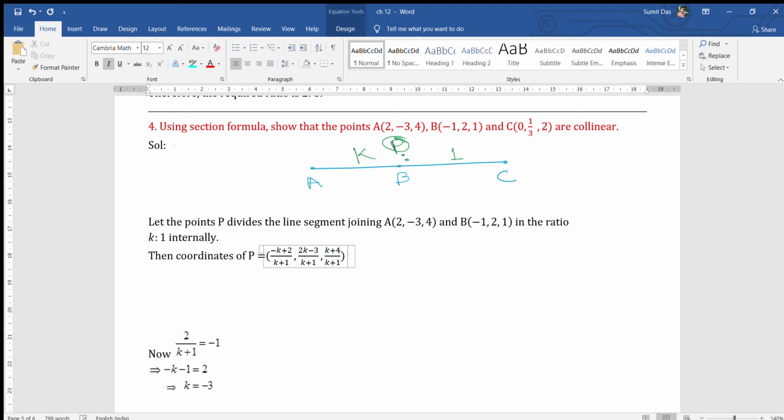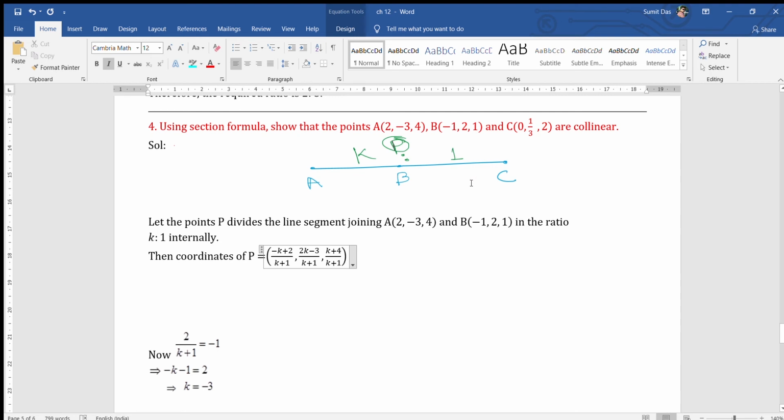Now I will compare this one with the coordinate of C. We'll check whether P and C are the same point or not.